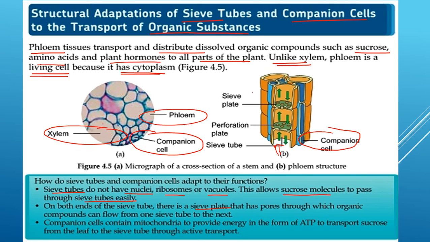Sieve plate ini dia ada pores atau liang di mana organic compound itu akan flow from one sieve tube to the next sieve tubes. Companion cell contains mitochondria, to provide energy in the form of ATP to transport the sucrose from the leaves to the sieve tube through active transport.